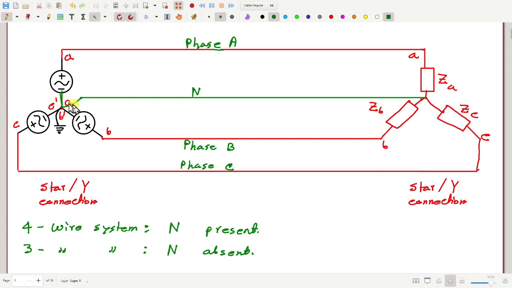So this drawing is of a star connected three-phase four-wire system. Now, also there is another possibility which is like this.